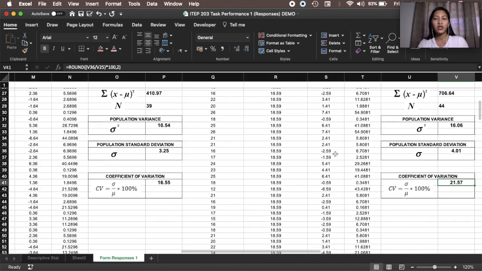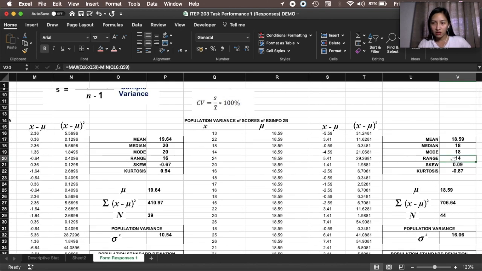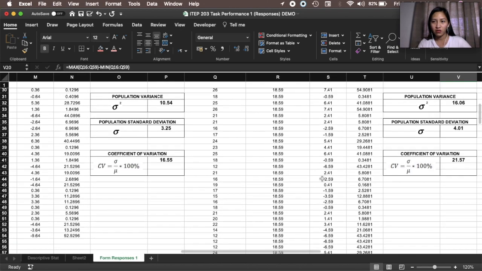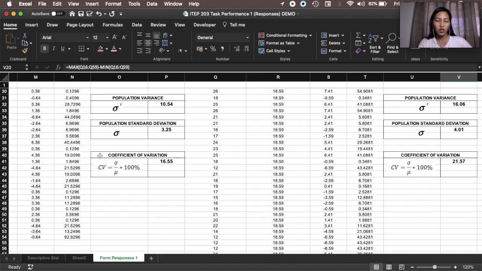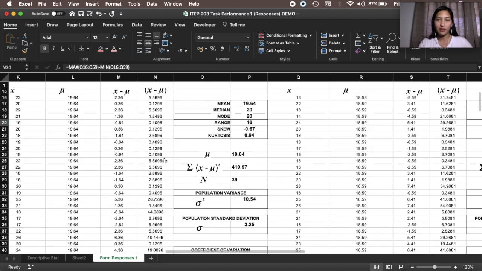Ang sinisignify ng coefficient of variation is that kapag parehong nature yan, which is scores ng dalawang section, kapag mas mataas yung kabila, ibig sabihin, mas madami siyang variation. Mas iba-iba yung data dito, mas madami siyang range ng values as compared to the other set of data.